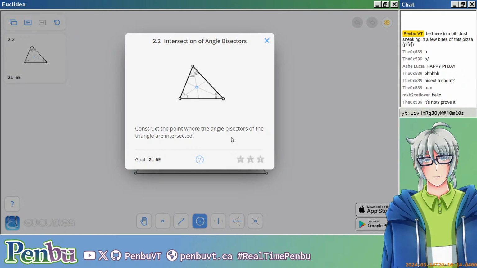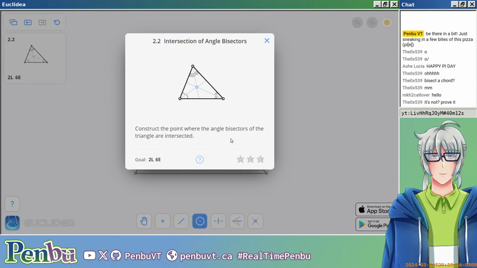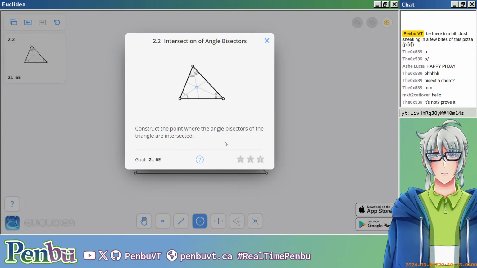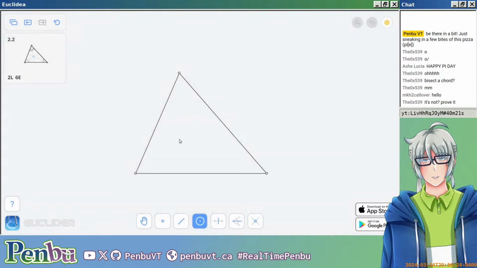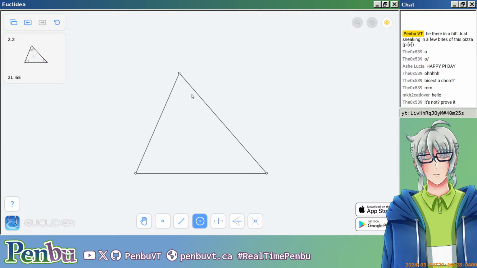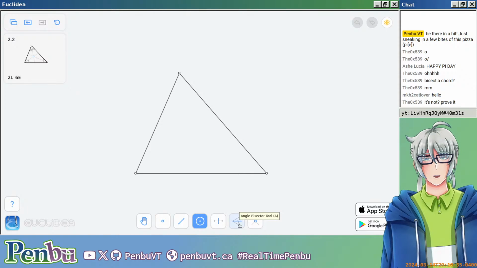Intersection of angle bisectors. Construct the point where the angle bisectors of the triangle are intersected. I can't remember if this is where the center of gravity of the triangle is, or if that's somewhere else. You can figure out the center of gravity of the triangle by either the side bisectors or the angle bisectors, and I think it might have been the angle.